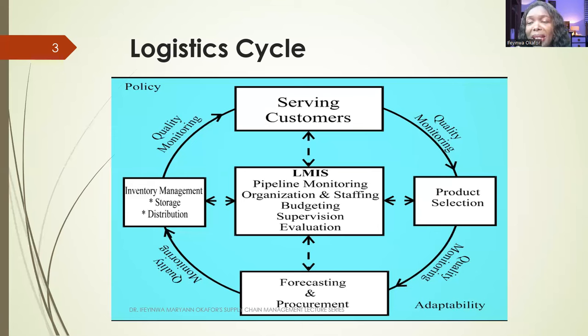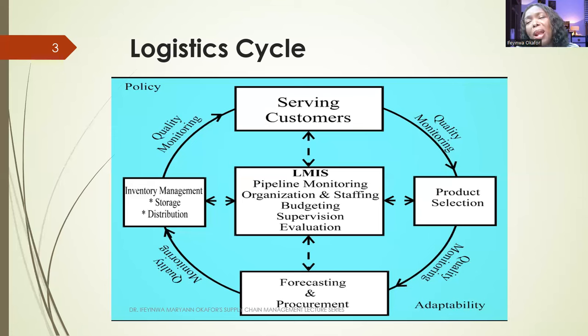During forecasting, you must have estimated the amount of product that you need within a period of time in the future, arrived at a figure, and converted this figure to Naira. That is the amount of money that you actually need to procure your products.